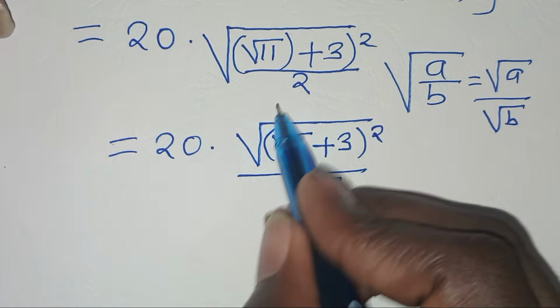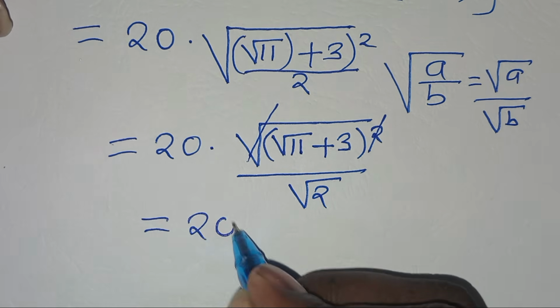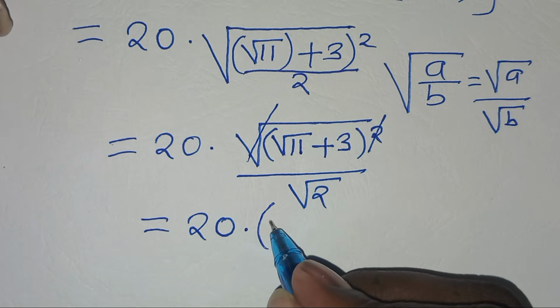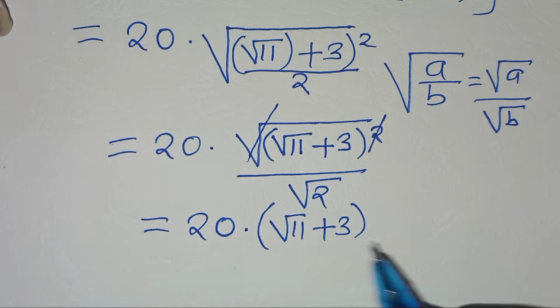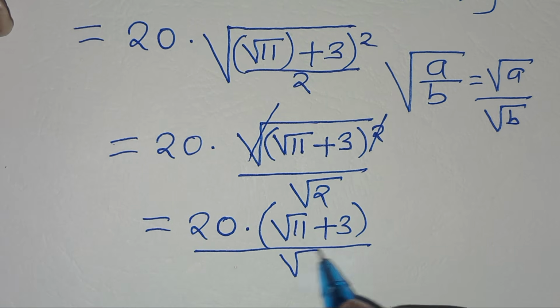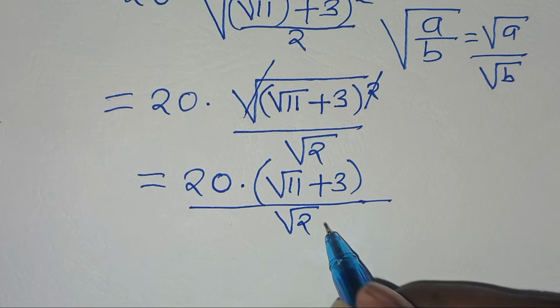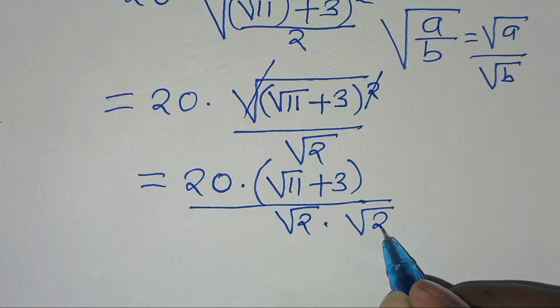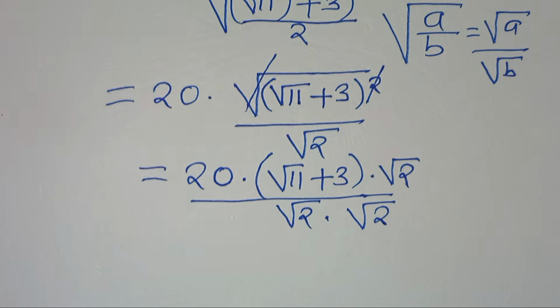Let's eliminate the square root sign here, so that we have 20 multiplying by root 11 plus 3, divided by the square root of 2. Now let's rationalize the denominator here. Let's multiply by the square root of 2, and also the numerator multiplying by the square root of 2.